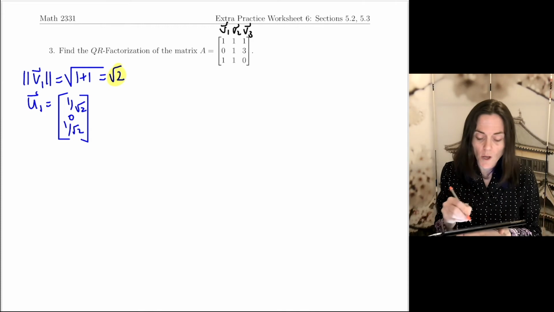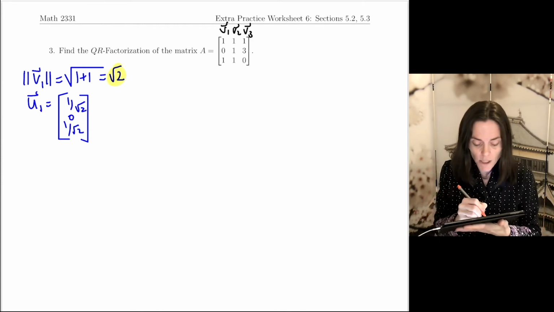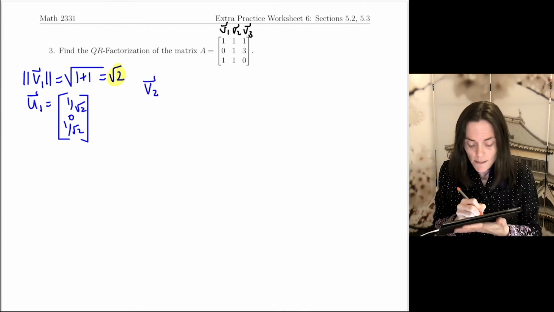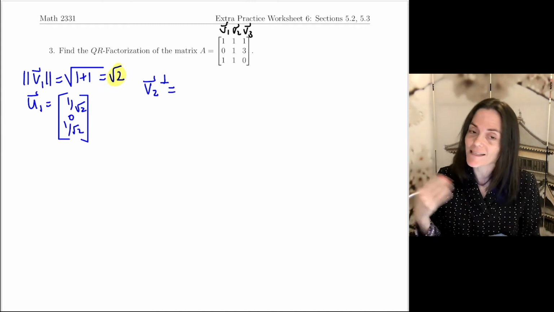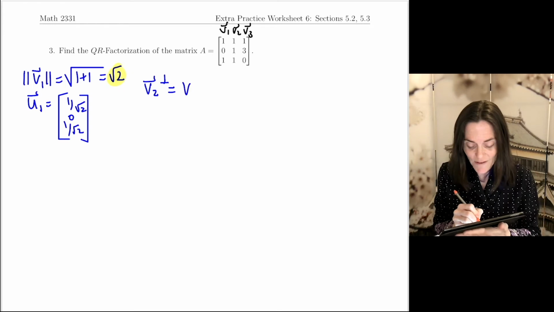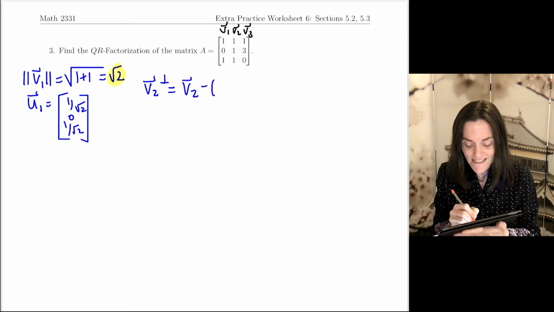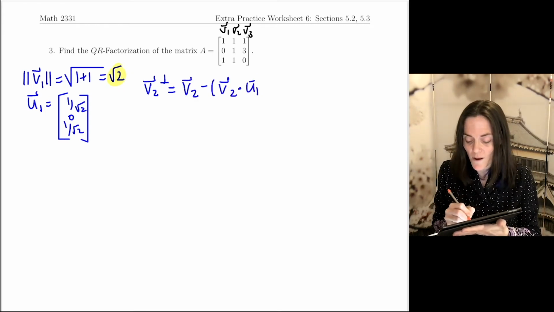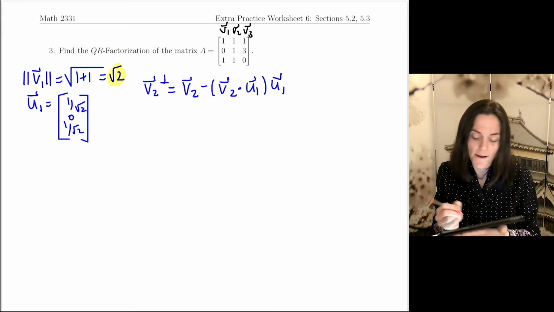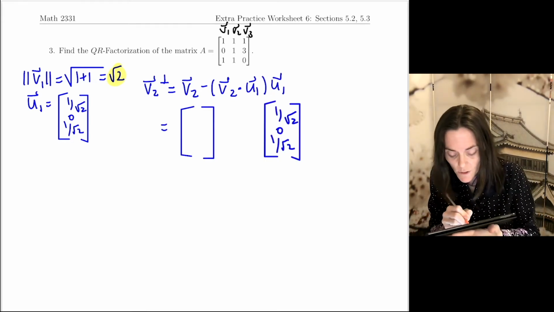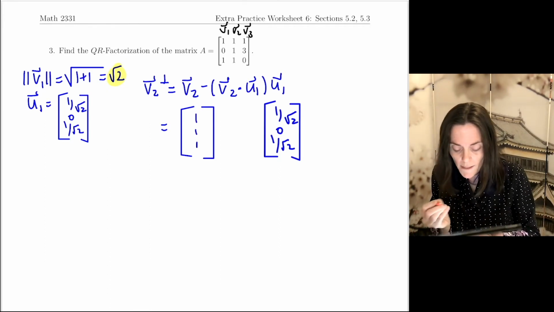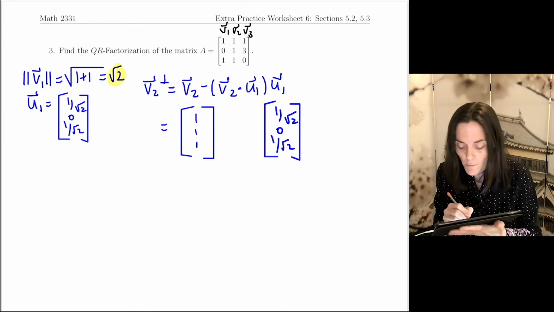Next step, we need the next direction. So this, the component of V2, which is perpendicular to the line spanned by U1, would be V2 minus V2 dotted with U1 times vector U1. We can write what this is. V2 is vector 1, 1, 1. And then we will have a dot product here.